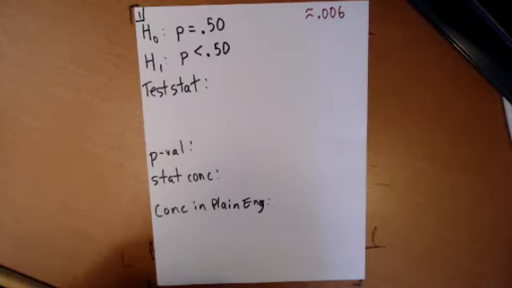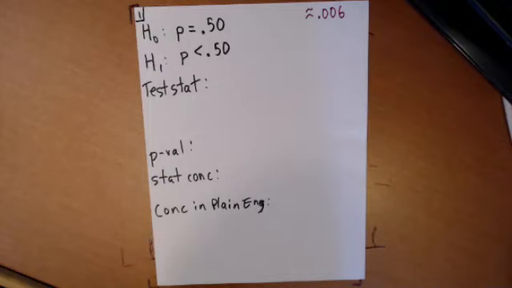Okay. So in our problem, it says, is there sufficient evidence at the 5% significance level, alpha 0.05? So that's our breaking point. Remember in previous homeworks, we said anything that happens with probability less than 0.05, we're going to call weird or unusual or unlikely. So that's that 5%.